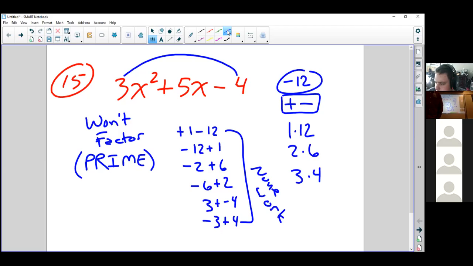It's not an internet site, okay? So that one won't factor all the way down. Did anyone have it factor? I don't think it's going to factor. Okay, so that one's done. You just have to write prime on it. It will not factor, or nope, or not this time, or anything like that.